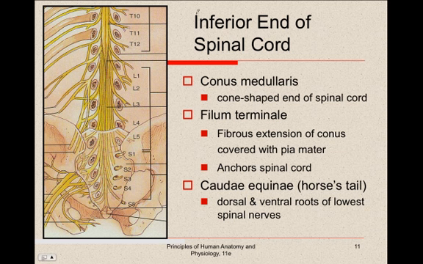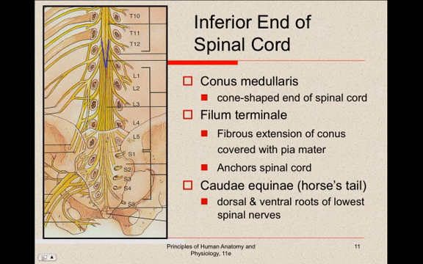So this portion right here where the spinal cord ends, this is called the conus medullaris. And you can see why it's called conus, because it's very cone-shaped, right? So that's the conus medullaris, and that's literally the end of the spinal cord.